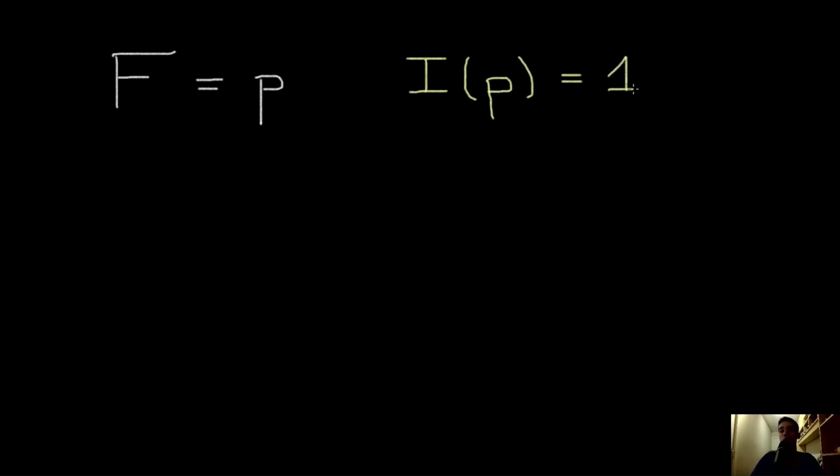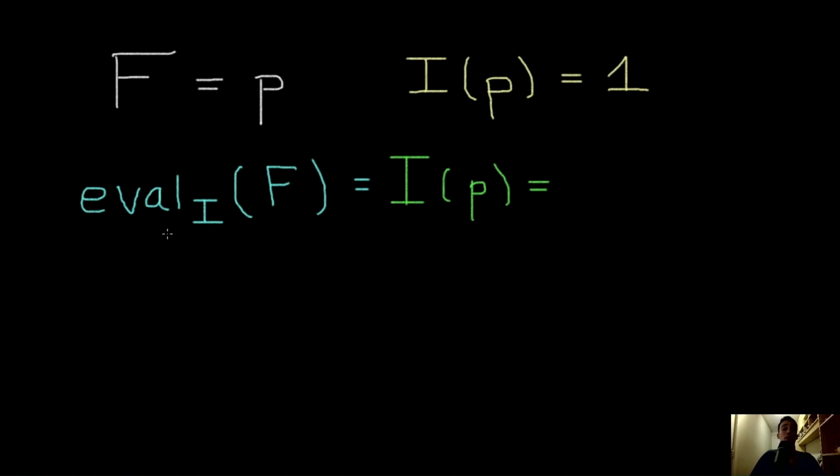If my formula F consists of basically the predicate symbol p, and suppose that my interpretation for this predicate symbol p is equal to 1, so it is true, then when we evaluate this formula F on this interpretation I, since this formula is simply the predicate p, then the evaluation is going to be basically the value of the interpretation for this propositional symbol, which we know is equal to 1. So the evaluation is also going to be 1.